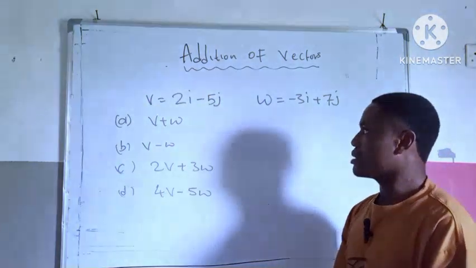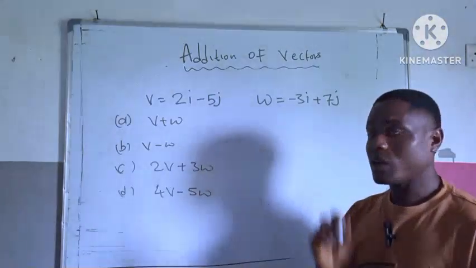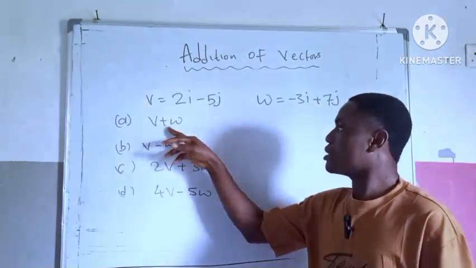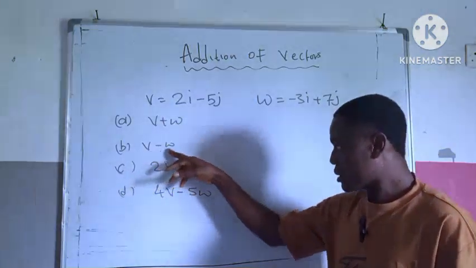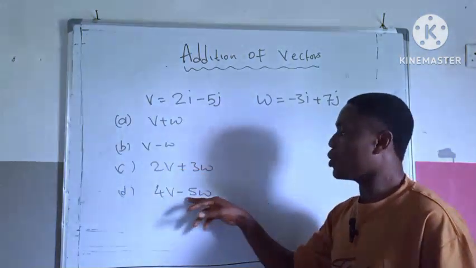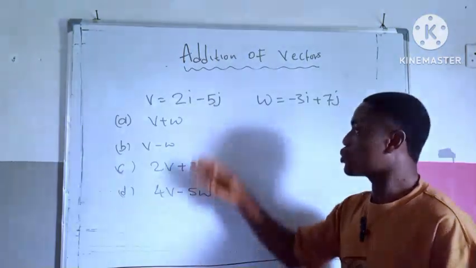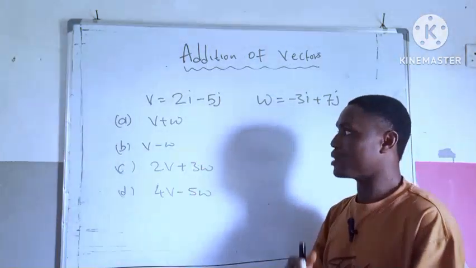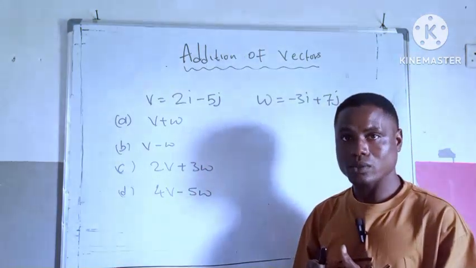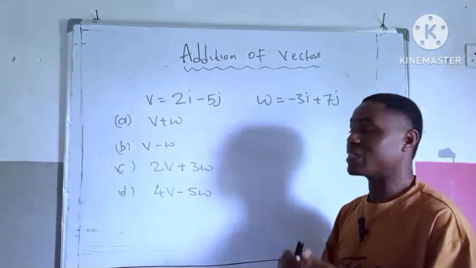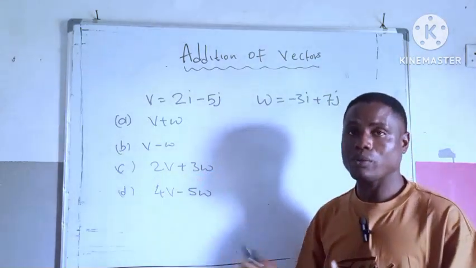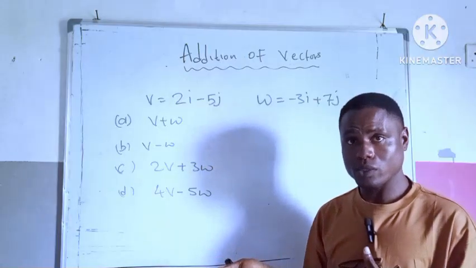This is a given question. In the exam, you will see either this one, this one, this one, or this particular one under addition. I want to show you how you can solve everything, so that anyone you come across in the exam, you can easily solve it and move to the next question.